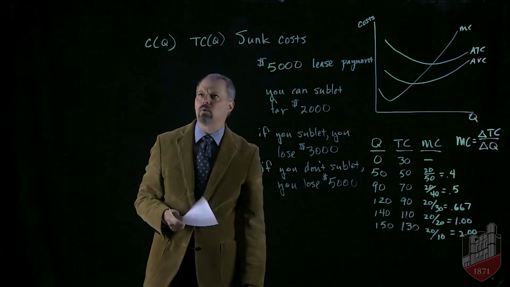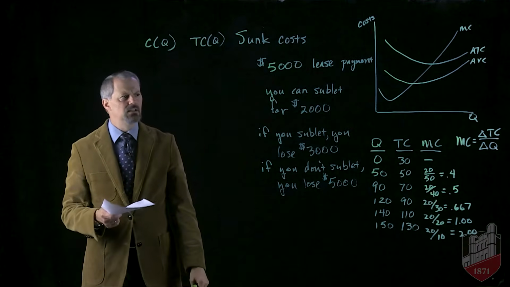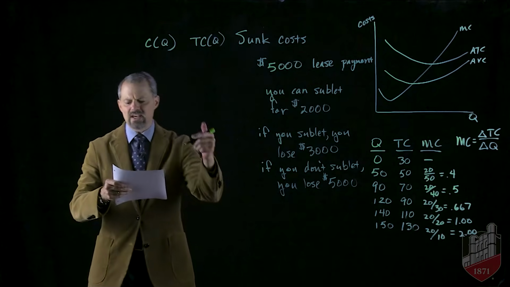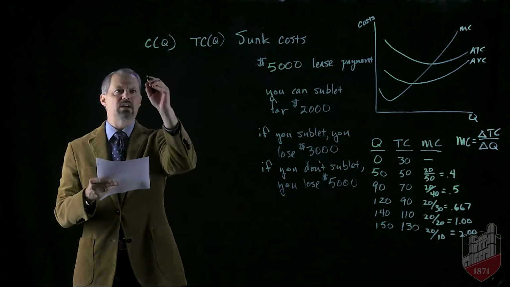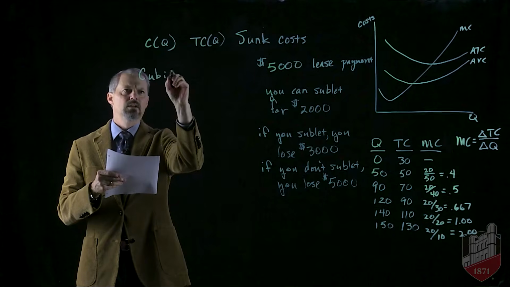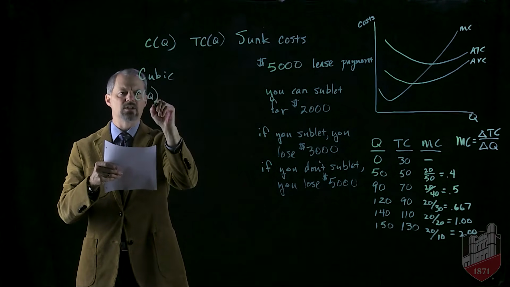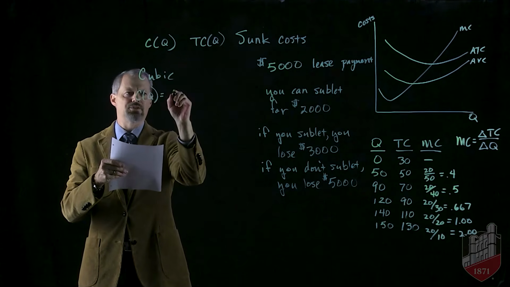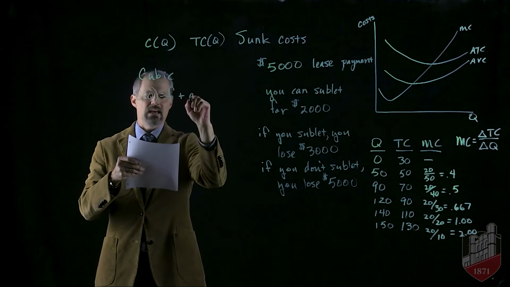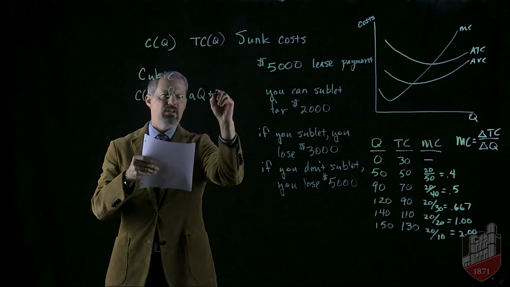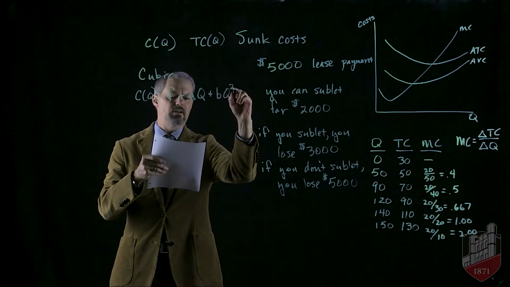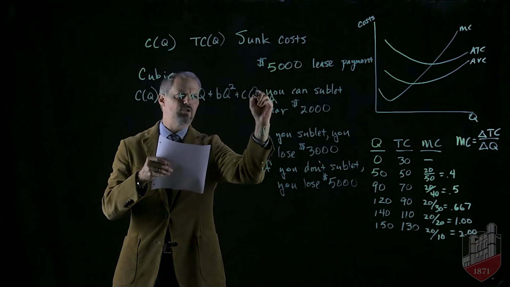So let's think about what those might look like. If I were to talk about what I'm going to call a cubic form of a cost function, then a cubic form of a cost function would look like this. It would be equal to F plus A times Q plus B times Q squared plus C times Q cubed.